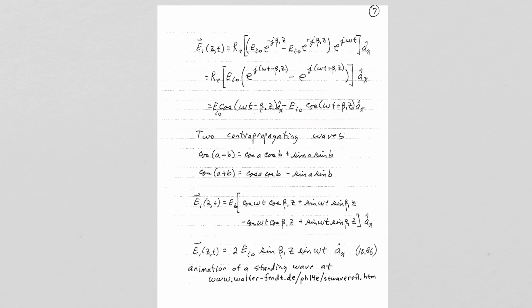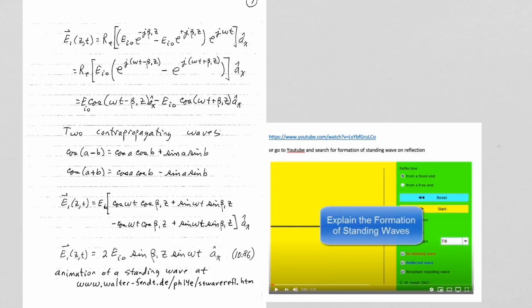An animation really helps to develop a mental representation for a standing wave due to two contrapropagating waves. This website had a great animation, but it no longer exists. But someone made a YouTube video of that animation, and if you go to this link, or maybe easier, go to YouTube and search for formation of standing wave on reflection and find this YouTube video and run that video.